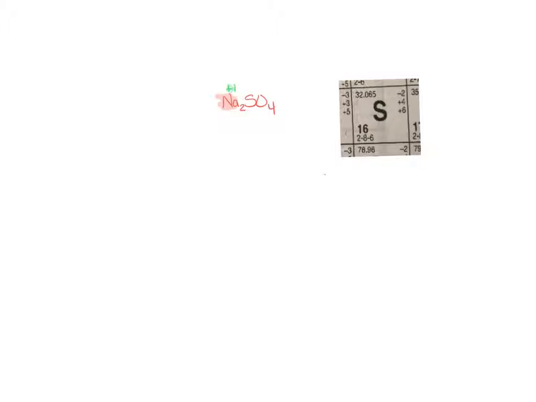We don't know which one it's going to be yet, so we're going to keep that on the side. Now we look at oxygen. Let's change the color of the pen. We know because our rule says that oxygen is almost always a -2, except if it's in a peroxide, so we're going to put a -2 there.